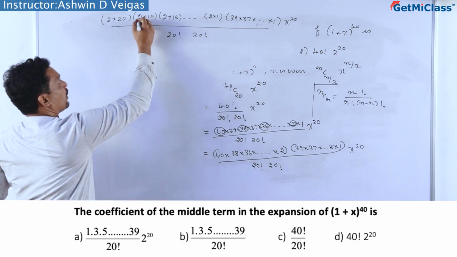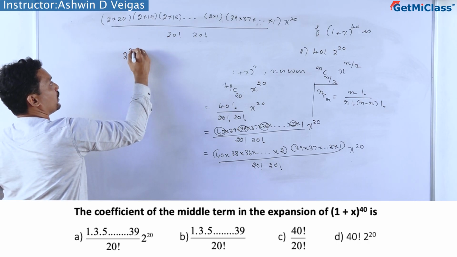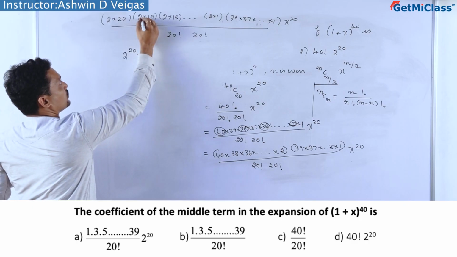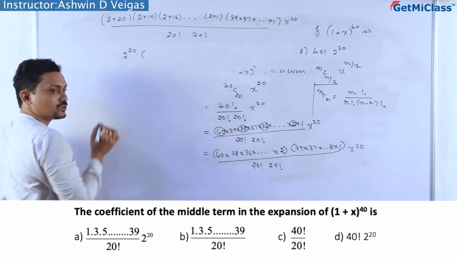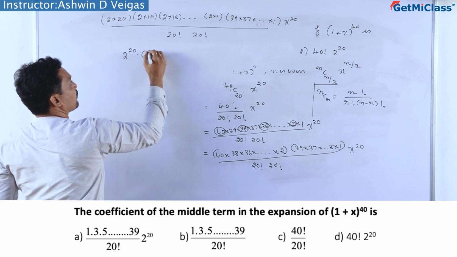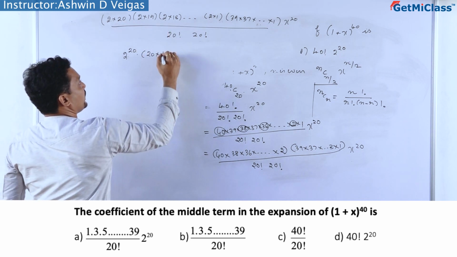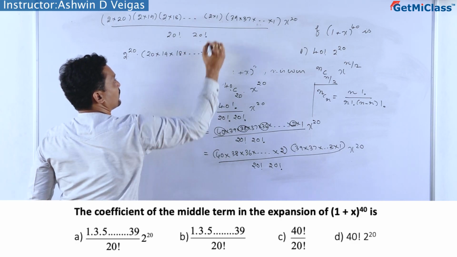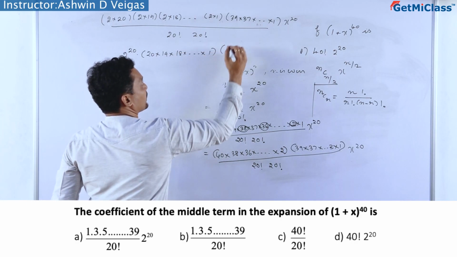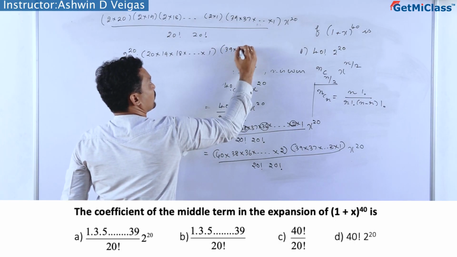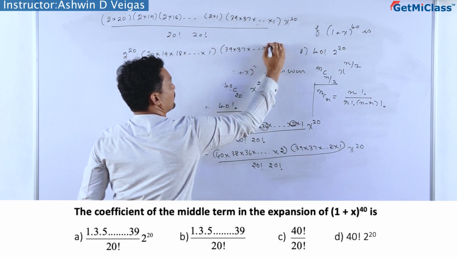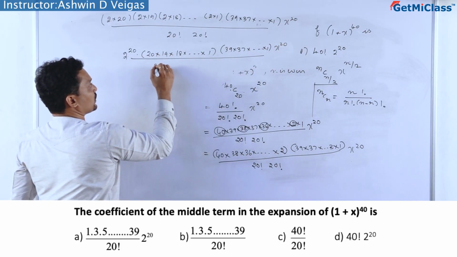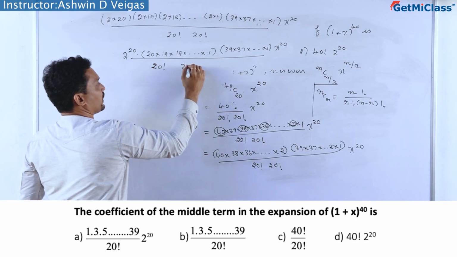If you multiply all the 2's, you will get 2^20, and you will be left with 20 into 19 into 18 up to 1, and the odd product 39 into 37 up to 1, into x^20, divided by 20 factorial into 20 factorial.